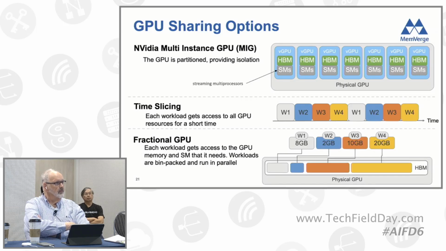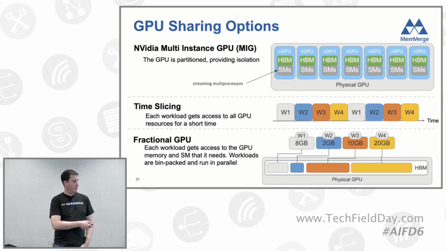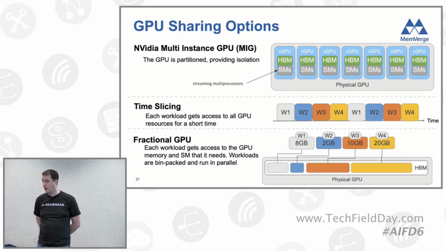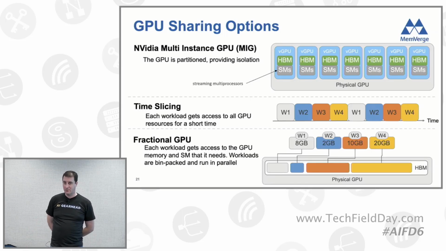Dynamic MIG allows me to change the number of MIG partitions on the fly. Obviously, there are some constraints around that, meaning the GPU has to be quiesced, because of NVIDIA limitations: I can't change this while something is using it. But if this is a quiesced GPU, I'm free to change that MIG instance and create whatever GPU size I need for as long as I need it, and then go back and change it at some future point.